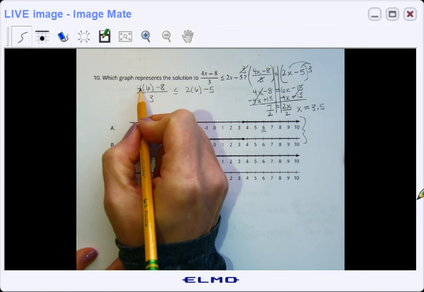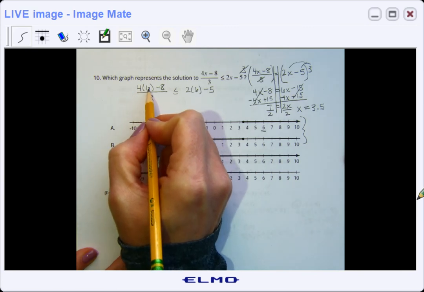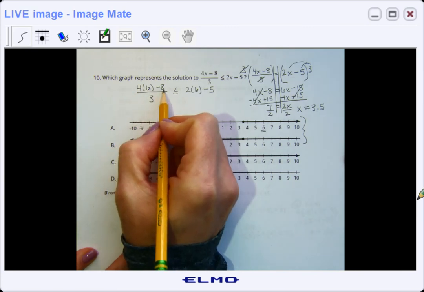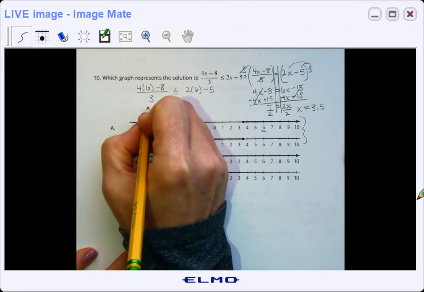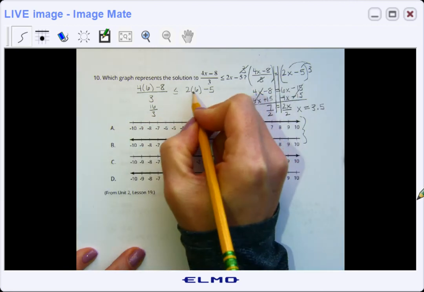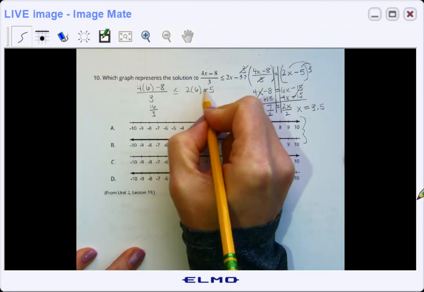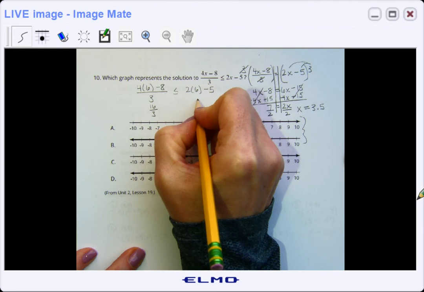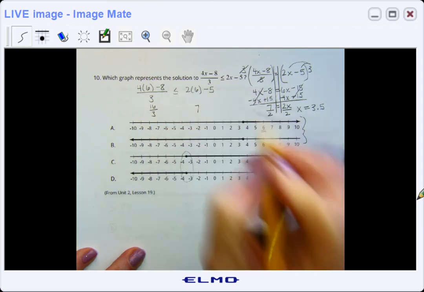Okay, so this is 24, and 24 minus 8 is 16. So over here we have 16 divided by 3, and then this is 12 minus 5, which is 7. So on the right side I have 7, okay?